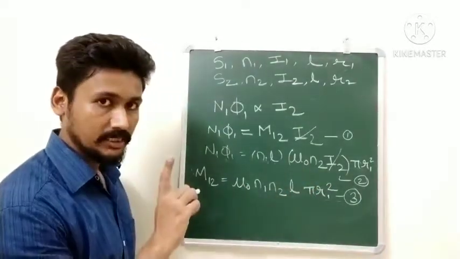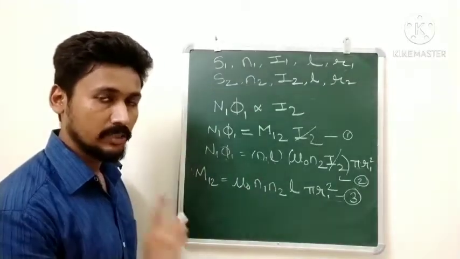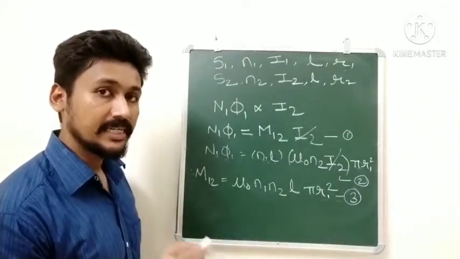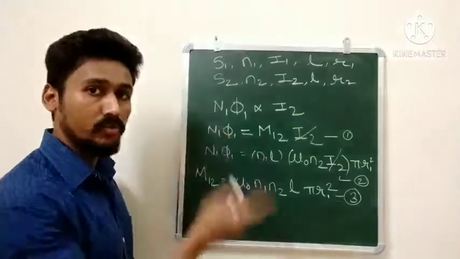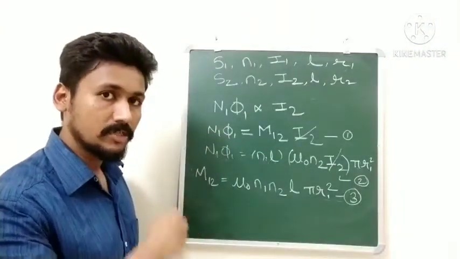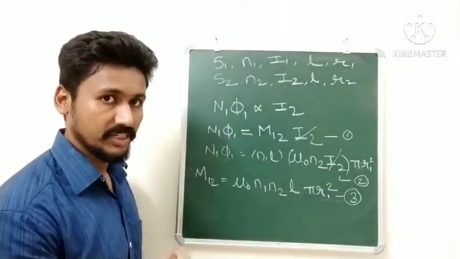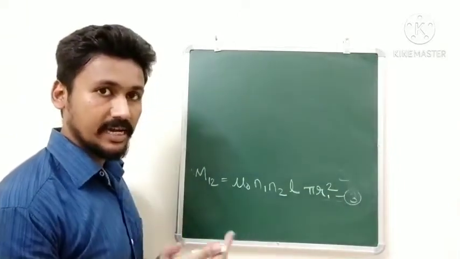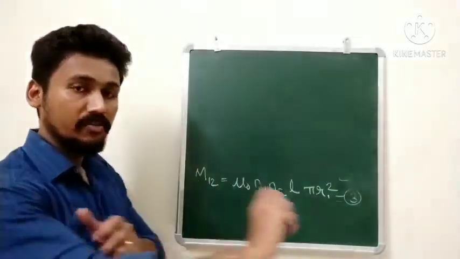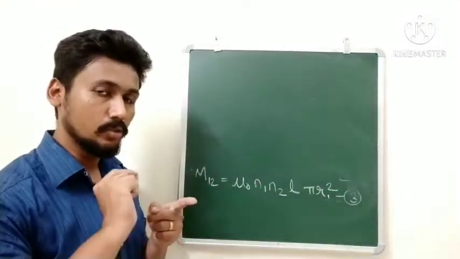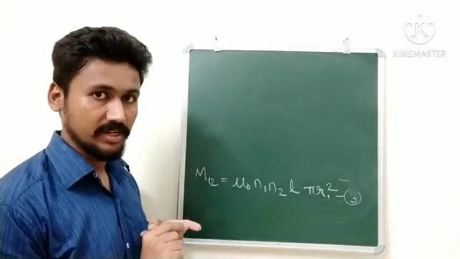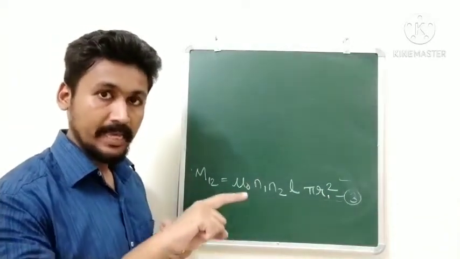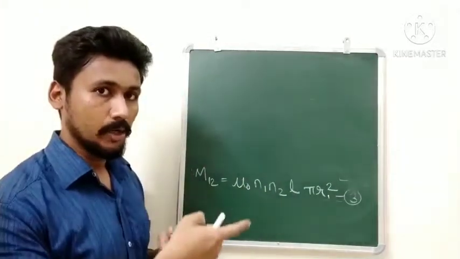Okay, so that is for the first coil with respect to second. Now let us try to find out M21, that is mutual inductance of second coil with respect to the first coil. So we will start our derivation just like before. Now we are going to pass an electric current through the inside coil through S1. I1 will go through S1. That will create a flux for coil S2.